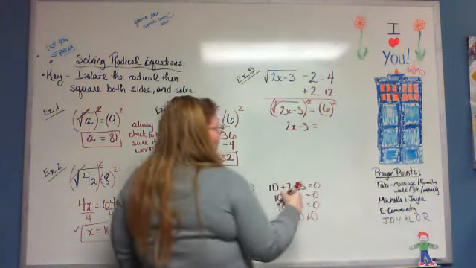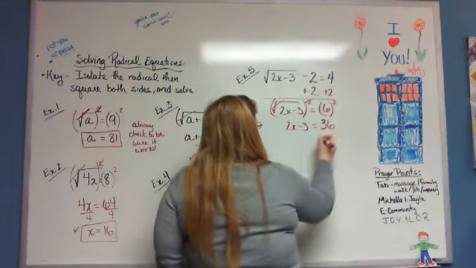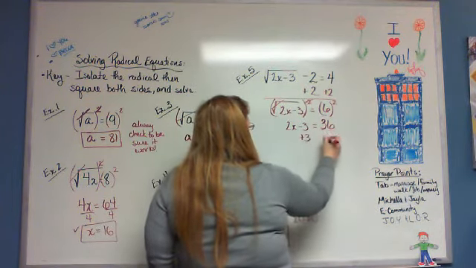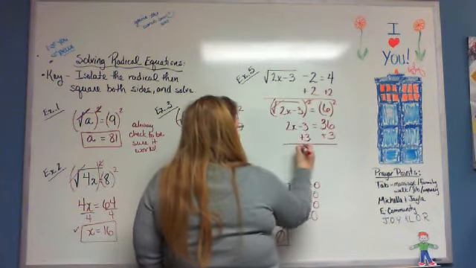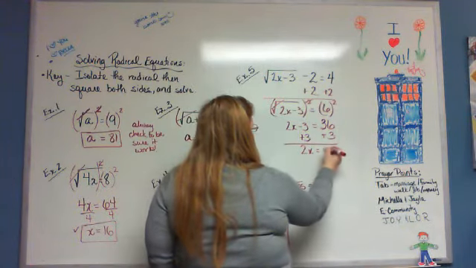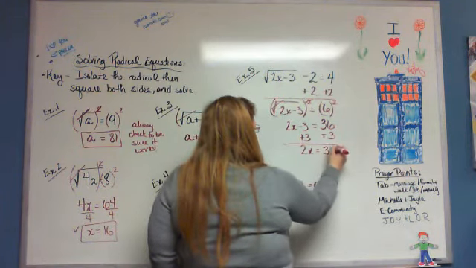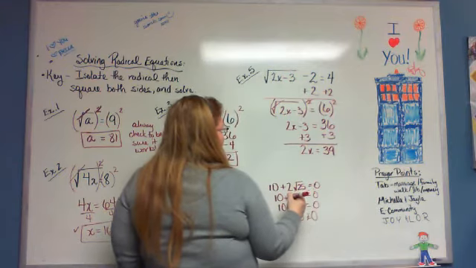And 6 squared is 36. So I can add 3 to both sides. 2x is equal to 39.